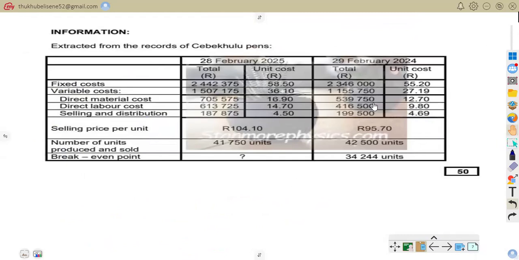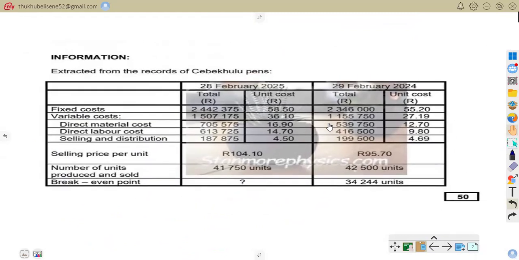So here is our information that will allow us to calculate the break-even point. This is the information that we're given for 2.2.